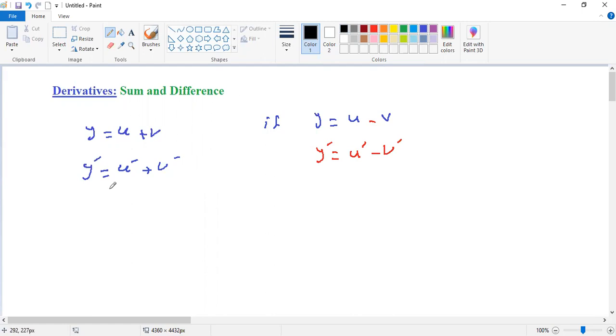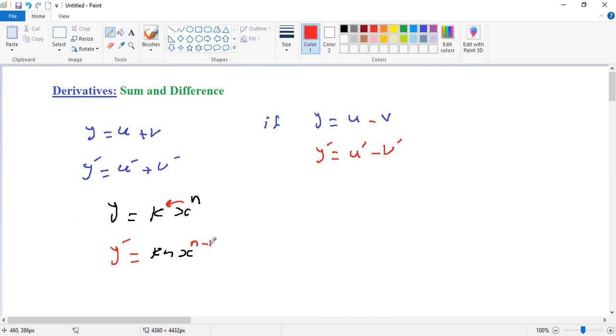Example. But before we give an example, recall, students, just to remind you, if we have y equal to k x raised to n, then y prime is equal to n times k, times x to the power n minus 1.